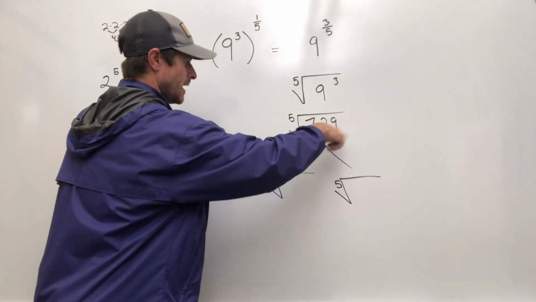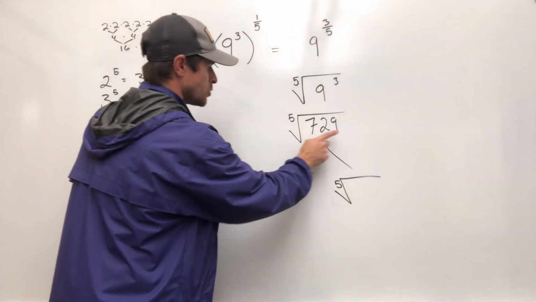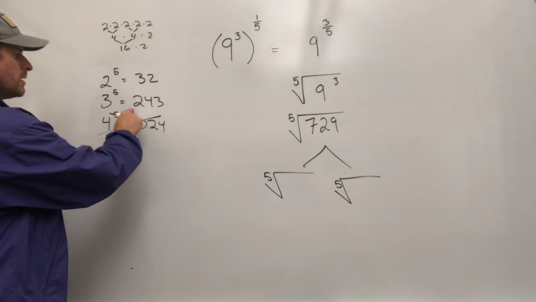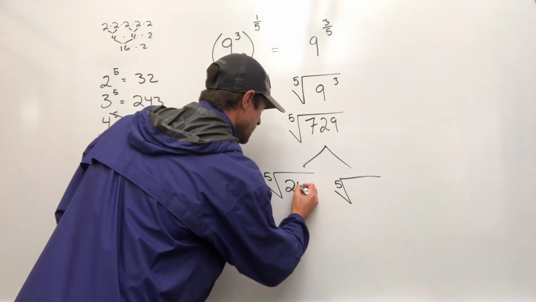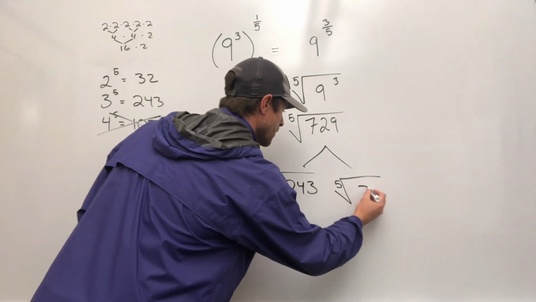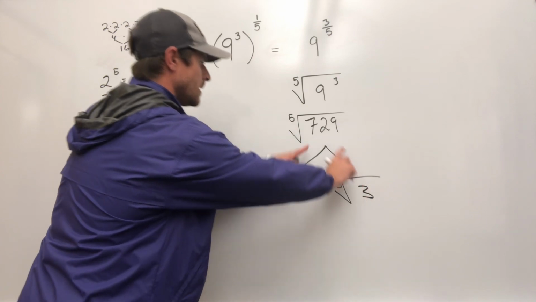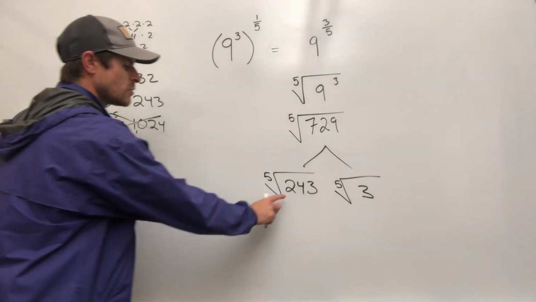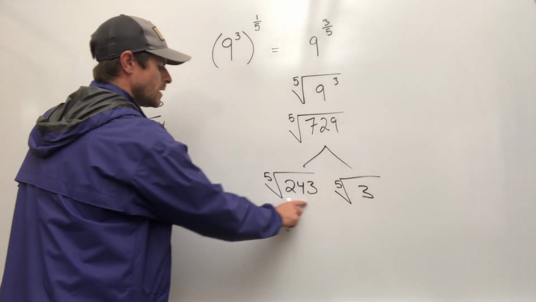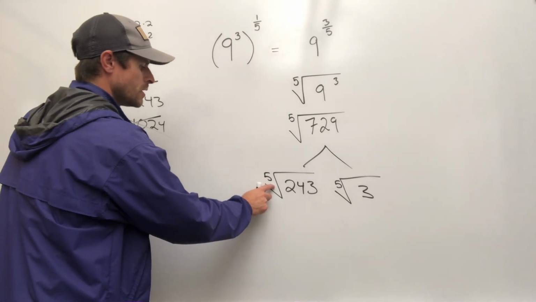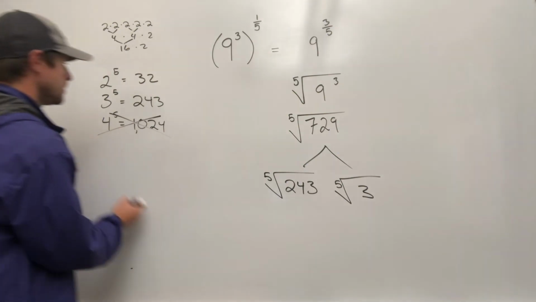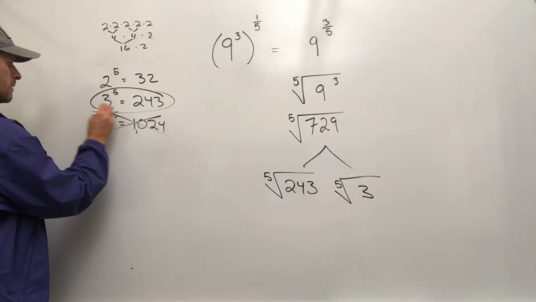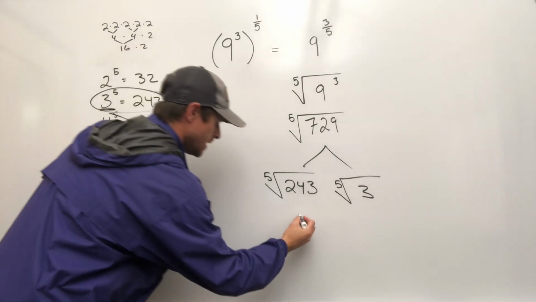That would be simplified. But 729 does divide by 243 nice and neatly. What it ends up making is 243 times 3. Those two multiply together to make this. But what's so special about 243 when talking about a fifth root is that the fifth root of 243 is 3.